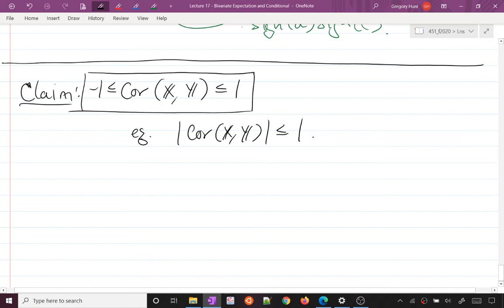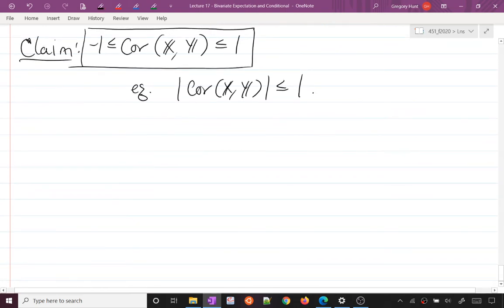So we made this claim. And now we've actually derived enough facts here to prove this. So what I'm going to do is, first, instead of working with x and y, I'm going to work with x tilde, which is going to be x minus its mean over its standard deviation.